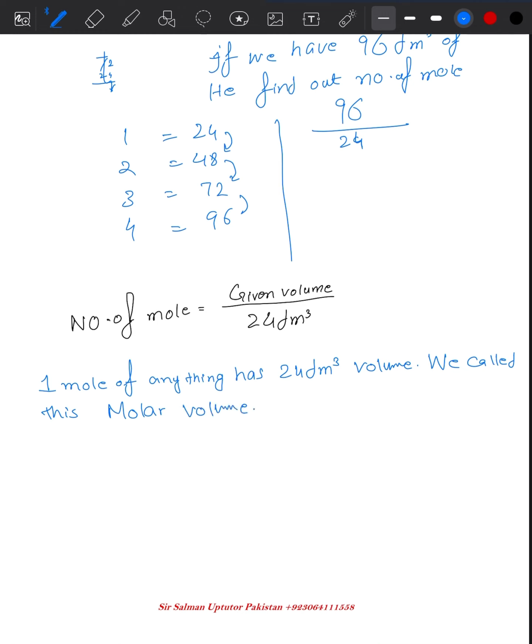In the paper, sometimes they may give the volume in centimeter cube. Let's say 1 mole is equal to 24 decimeter cube or 24,000 centimeter cube.